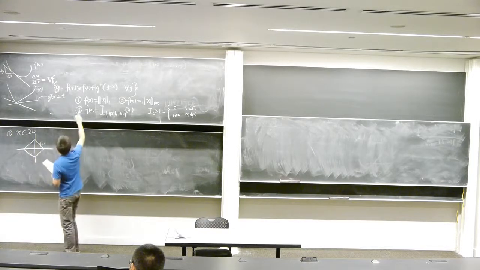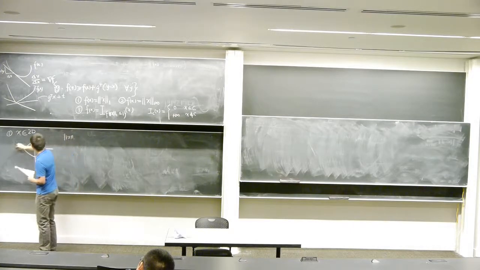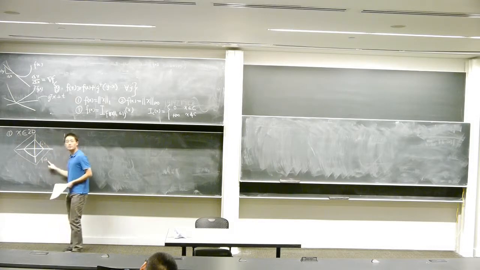Because the definition of the one norm is the sum of the absolute coordinates, and everything on this segment has sum 1. And this, for example, is the level map of f equals 2.